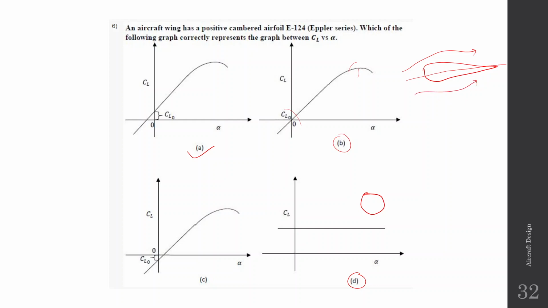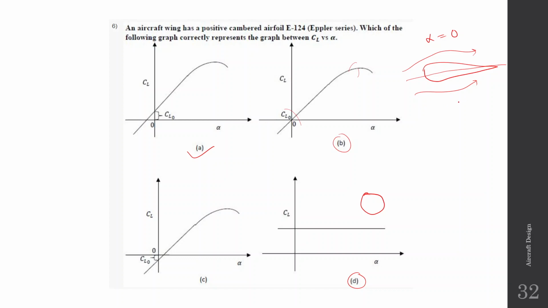So when your alpha is equal to zero, the airflow is symmetric on both sides of the airfoil, so the airfoil does not produce any lift. Therefore this CL is 0.